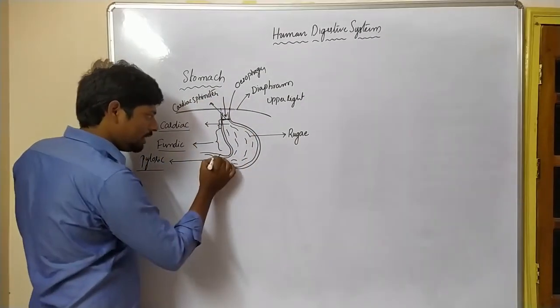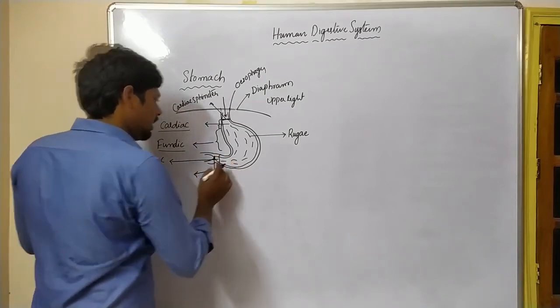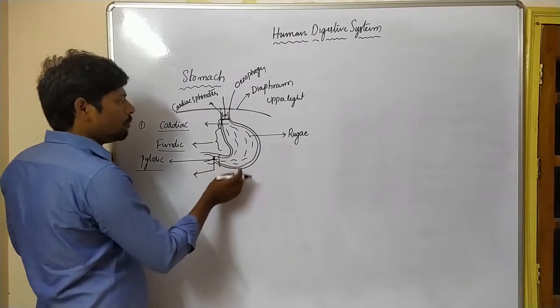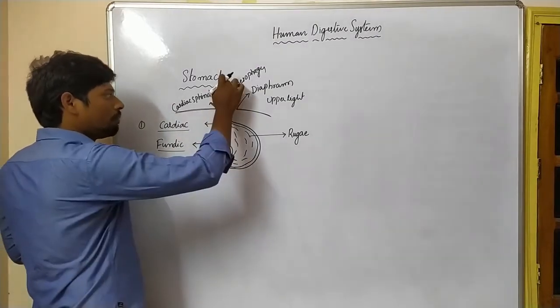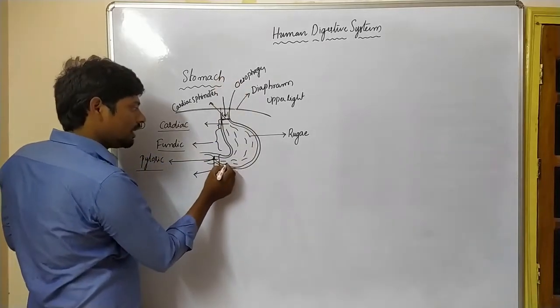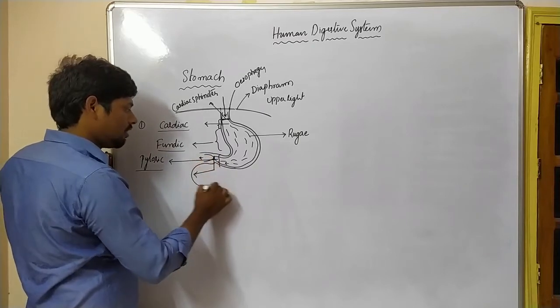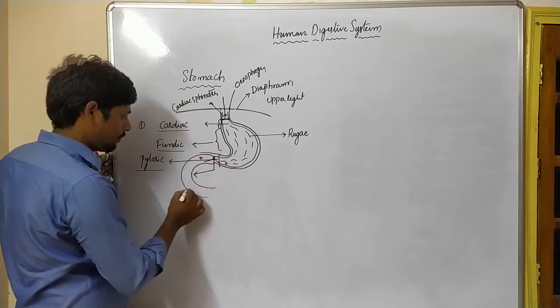At the same time, here also a sphincter is a valve-like structure. It prevents and regulates the movement of the food items from the stomach to the small intestine, that is called the duodenum.